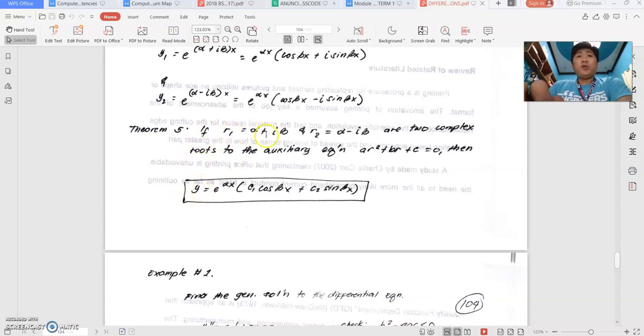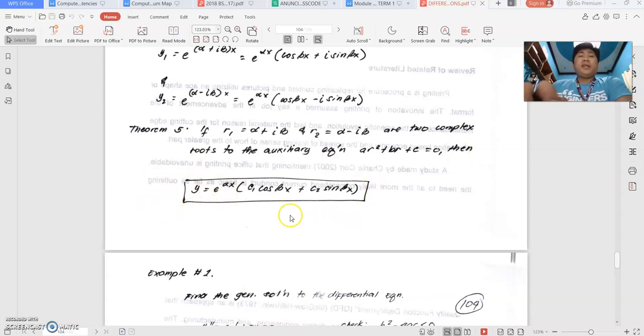If root 1 is equal to alpha plus i beta, imaginary, and r2 is alpha minus i beta, or two complex roots to the auxiliary equation of the linear equation r squared plus b r plus c, then your general solution will have this form.